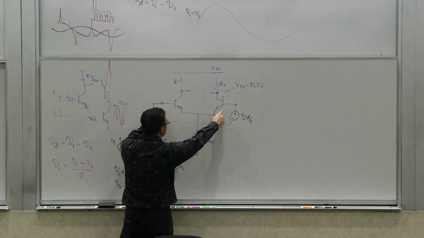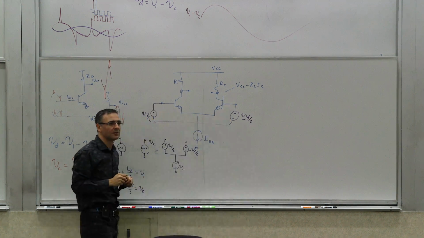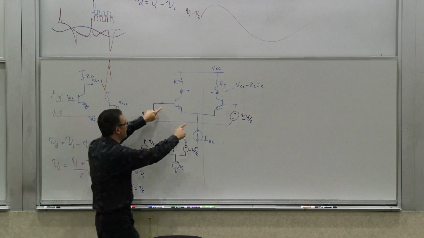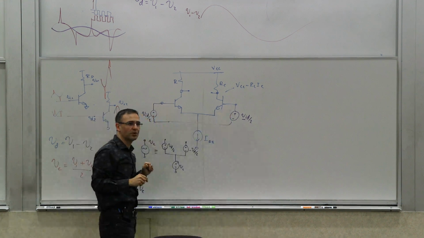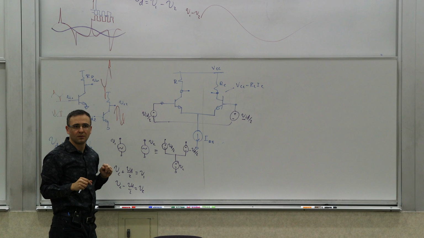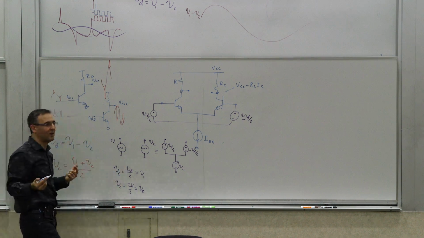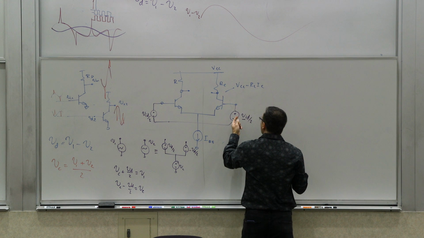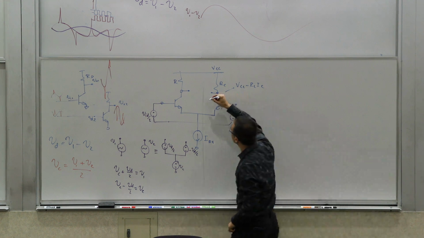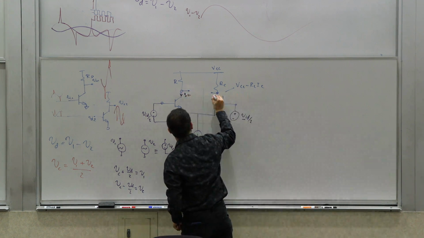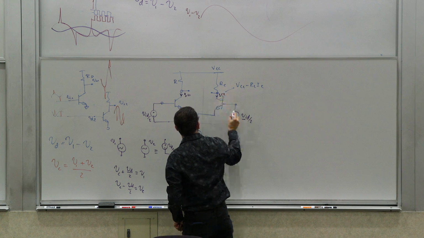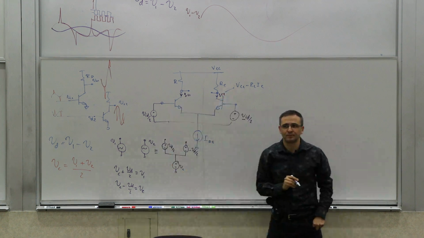So what is the voltage between these two input terminals? VID. By definition, it's V1 minus V2, right? So I'm trying to find the relationship of the output currents, let's call them IC1 and IC2, to the VID.